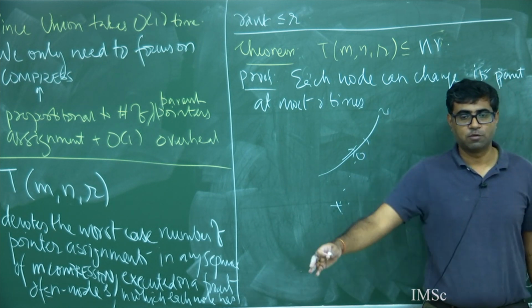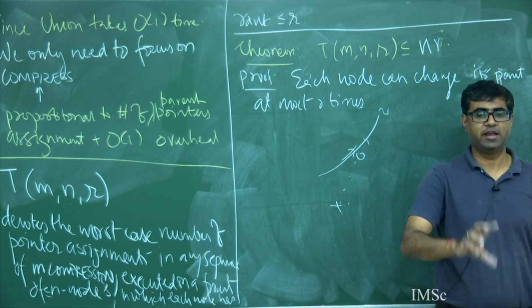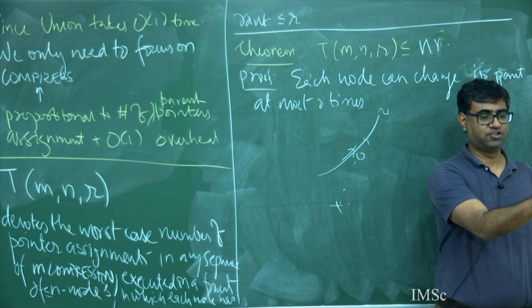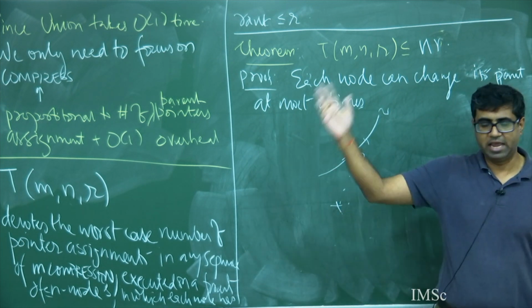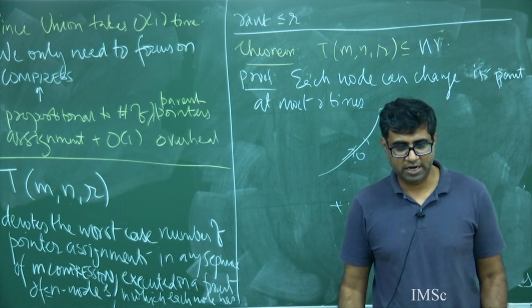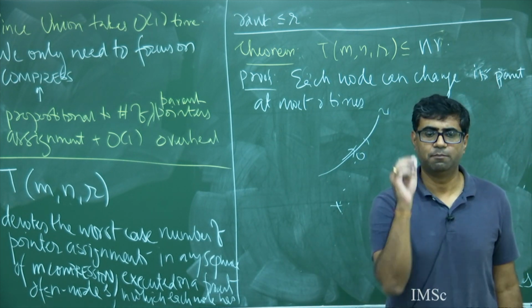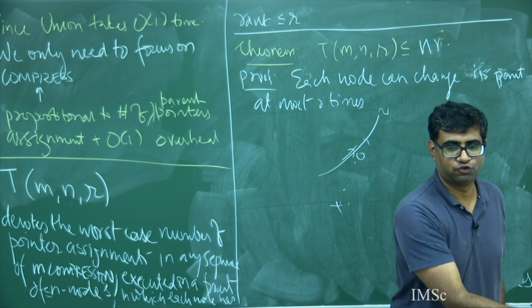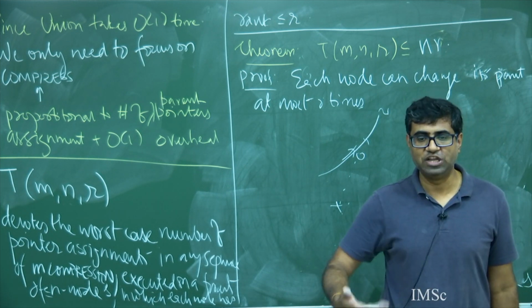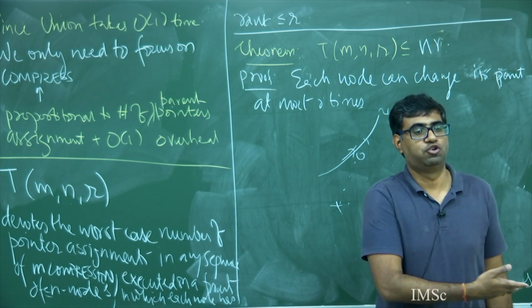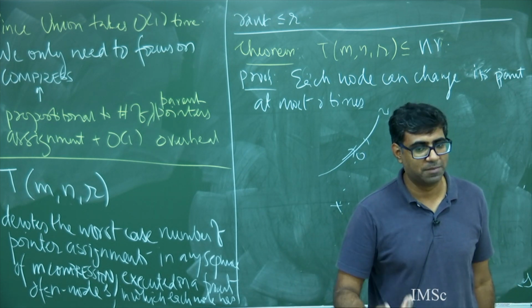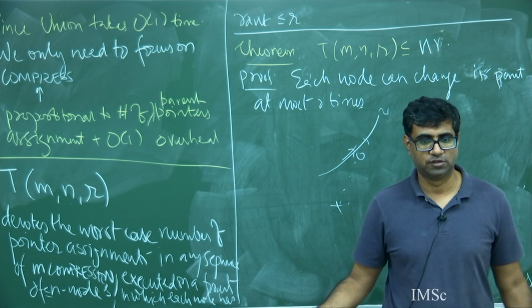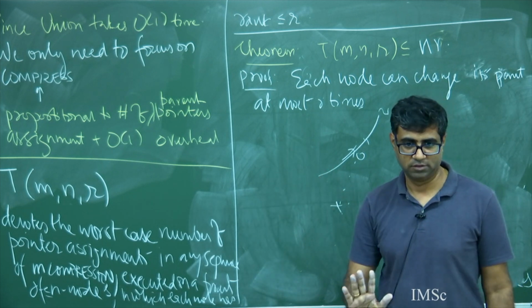So over the whole sequence of operations, let's not carry on like this. Every node has a bucket where it is charged, right? Anytime a compression happens, if this node's parent has changed, please charge it. Each node's parent can only change R times, hence the total charge accumulated throughout the process is upper bounded by N times R if there are N nodes, and this is the upper bound. That's it. Is it clear?